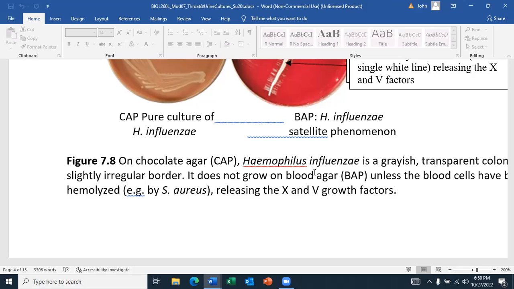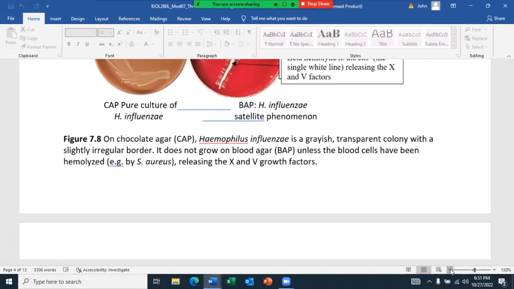And in Louis Pasteur's defense, he isolated Haemophilus influenzae before Dr. Koch wrote the Koch's postulates. So Haemophilus influenzae is misnamed. It does not cause the flu. Any questions about any of that?